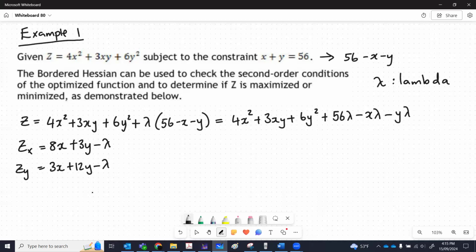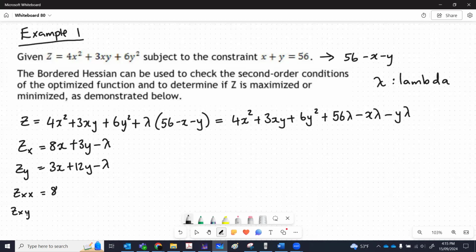Okay, if we were trying to work out the actual critical point, then we'd equate them to 0 and solve them simultaneously, but we're not trying to do that. We just want to find out if the z is maximized or minimized. So we need to work out our second order partial derivatives, zxx. Here we have the derivative is 8, the derivative is 0, the derivative is 0.